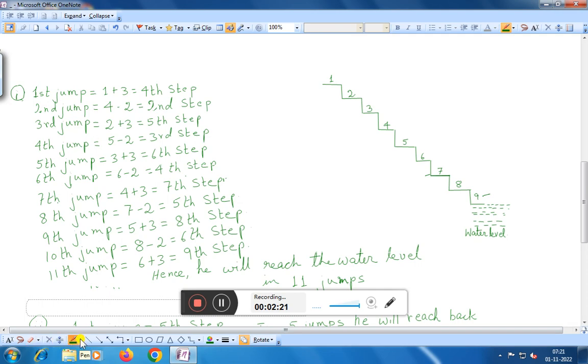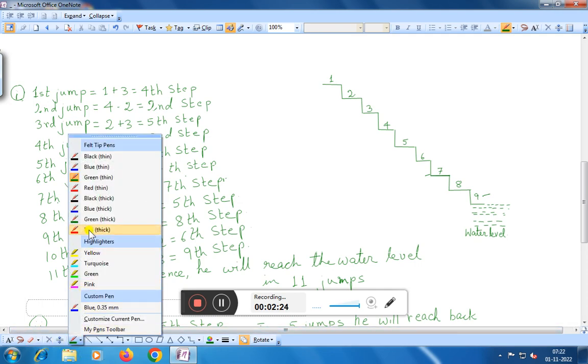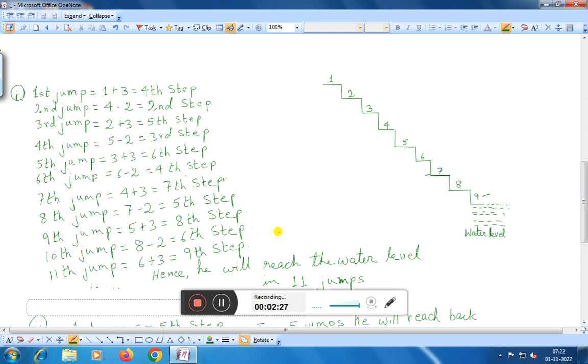He jumps 3 steps down and 2 steps back. This is the first step, and 3 steps means 1, 2, 3. That means in the first jump he goes from step 1 to step 4, right?